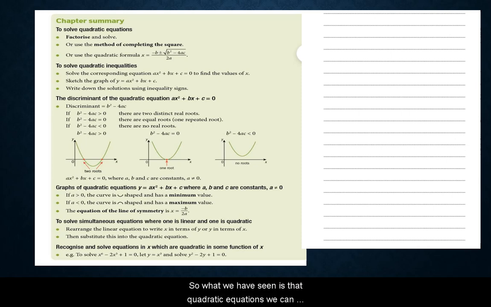So what we have seen is that quadratic equations we can solve by factorizing, by completing the square, and by using the quadratic formula. To solve quadratic inequalities, first solve the corresponding equation ax squared plus bx plus c equals 0 to find the value of x.